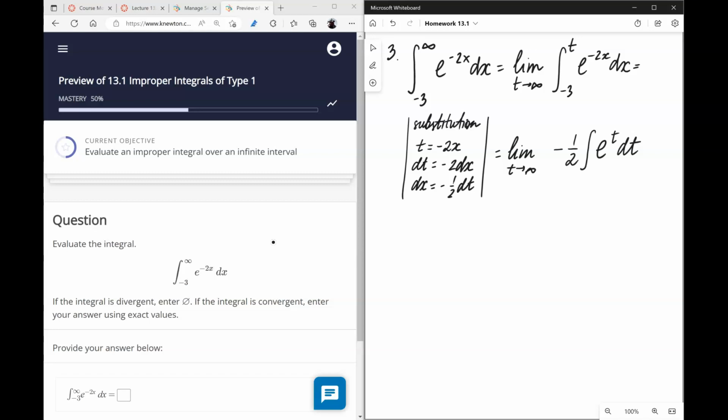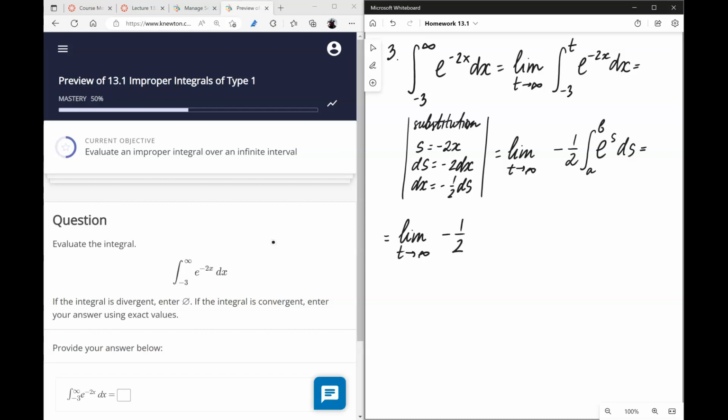And I guess this was a terrible choice of the variable for substitution. Let's call it s. So ds, and here we have ds. And the new limits, let's pretend that we don't know what they are. So we don't have to change them.